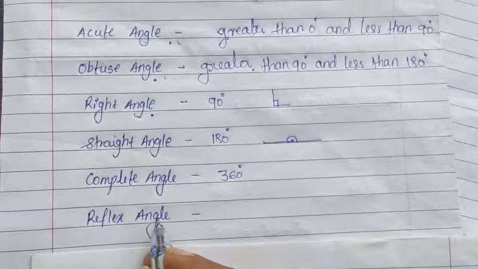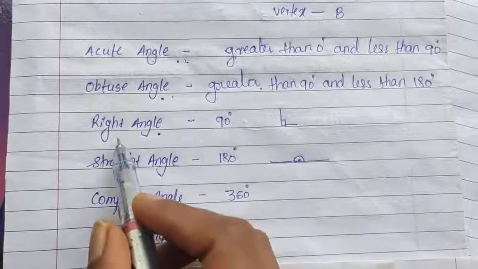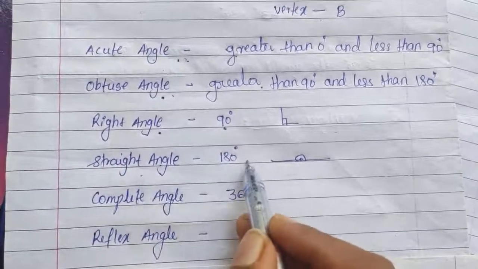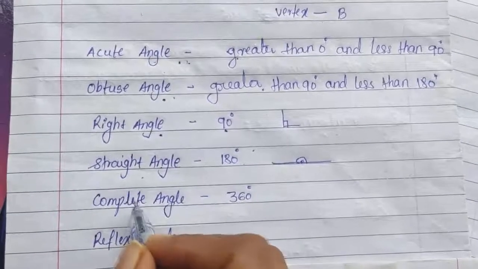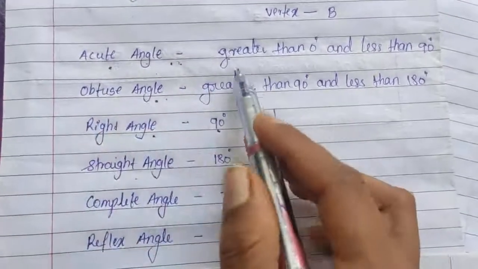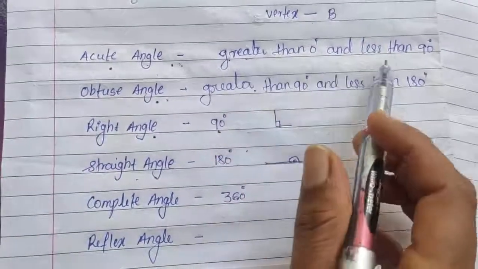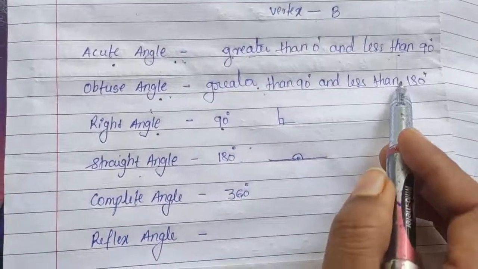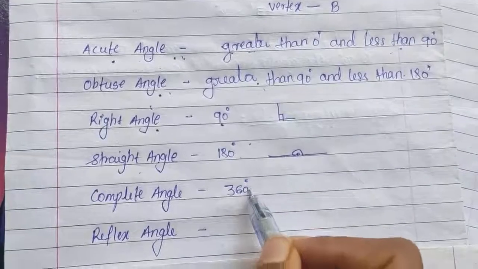Now what is a reflex angle? Now see here, a right angle is having 90 degree, a straight angle is having 180 degree and a complete angle has 360 degree. An acute angle is from 0 to 90 degree. An obtuse angle is from 90 degree to 180 degree. Now what is left? 180 to 360.